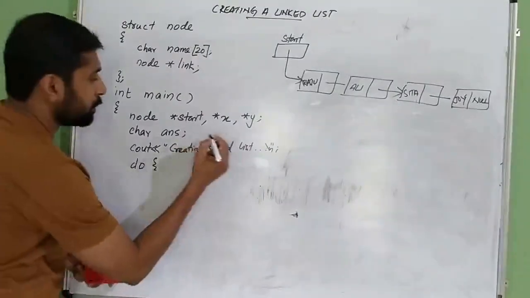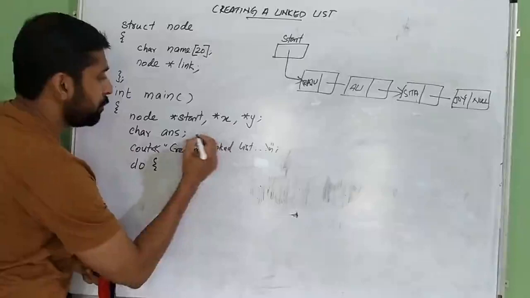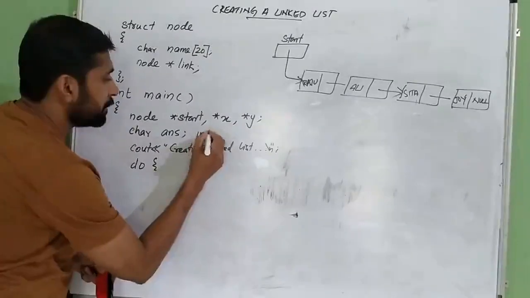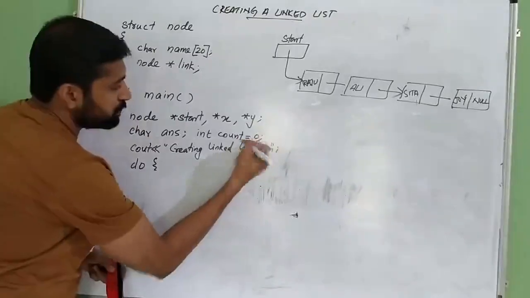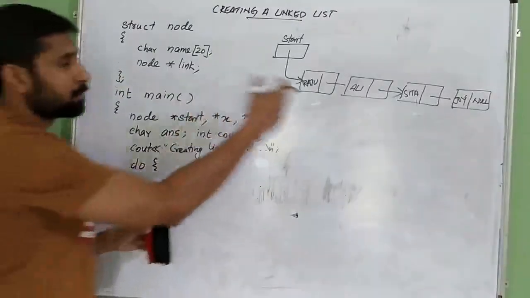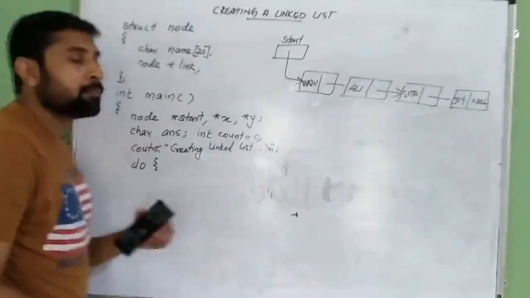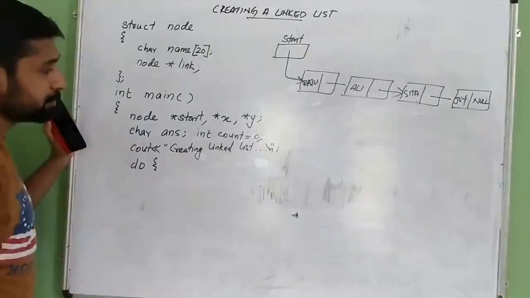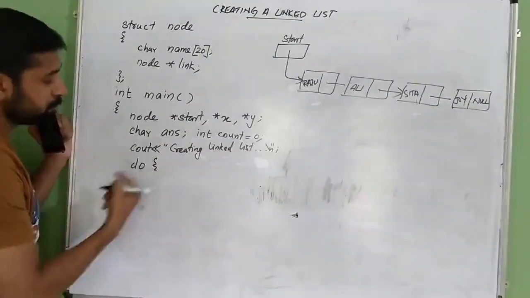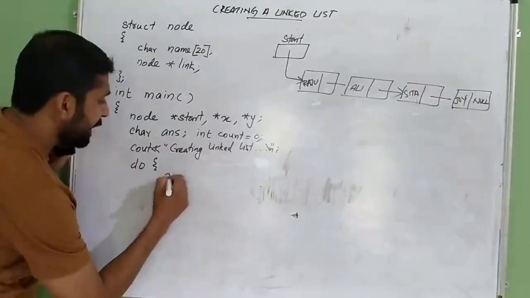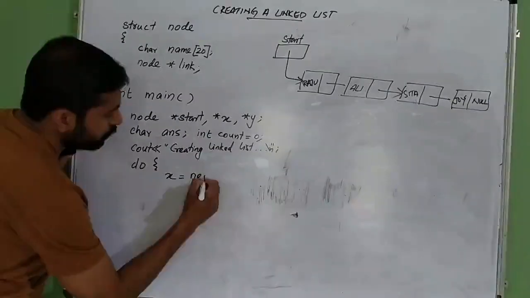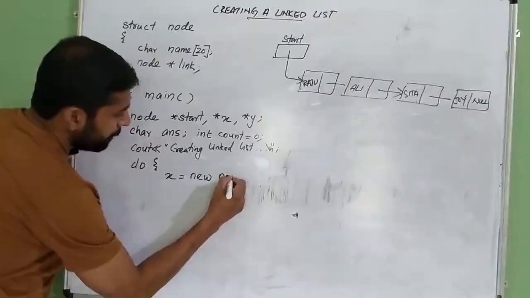So one more variable here, say int count equal to 0, to check the number of nodes that we have created. Do, x equal to new node.